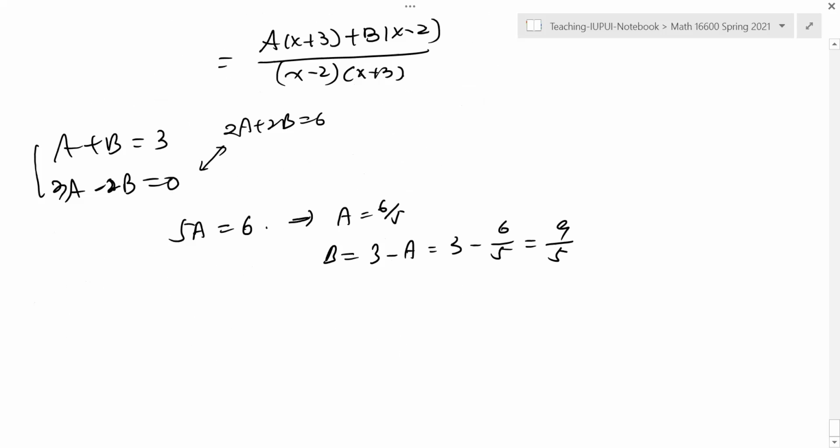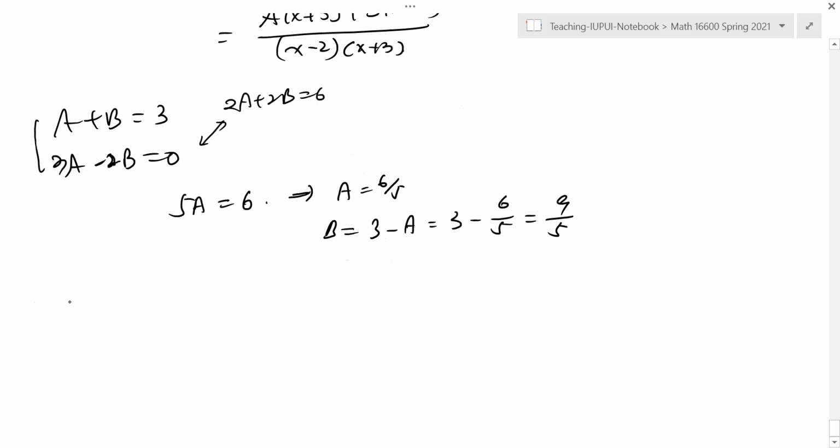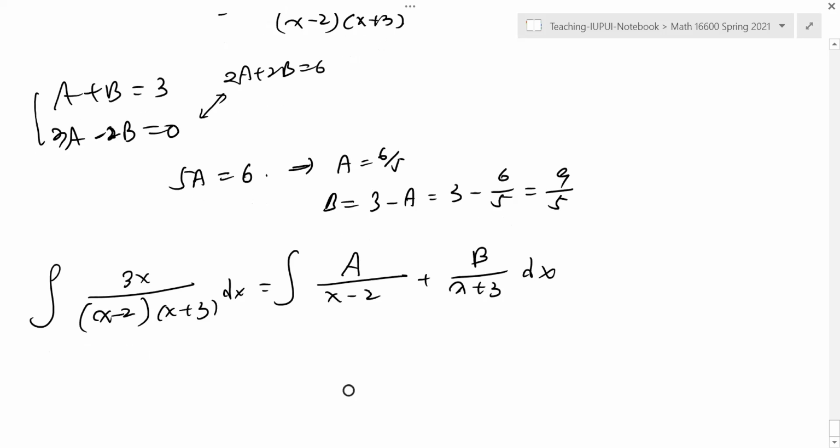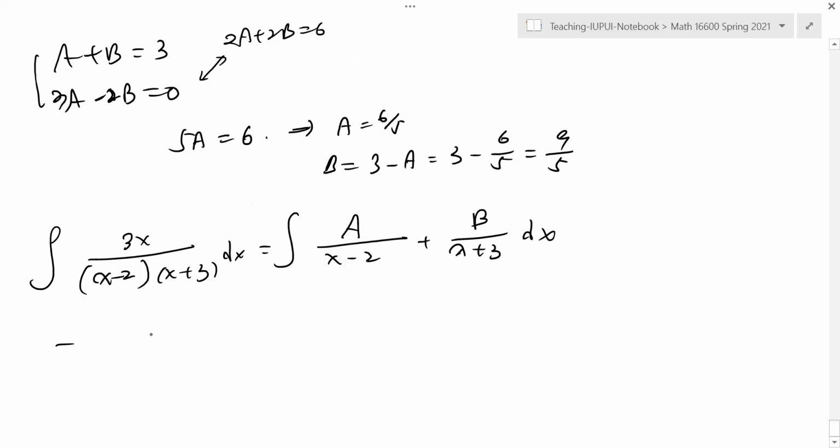Now, if you run out of time, what should you do? You should write like this: I know I can express this in this form. I just ran out of time, right? So you don't find a and b first, but you write down the key ideas. Then the first term is a natural log of x, the second term is b natural log.